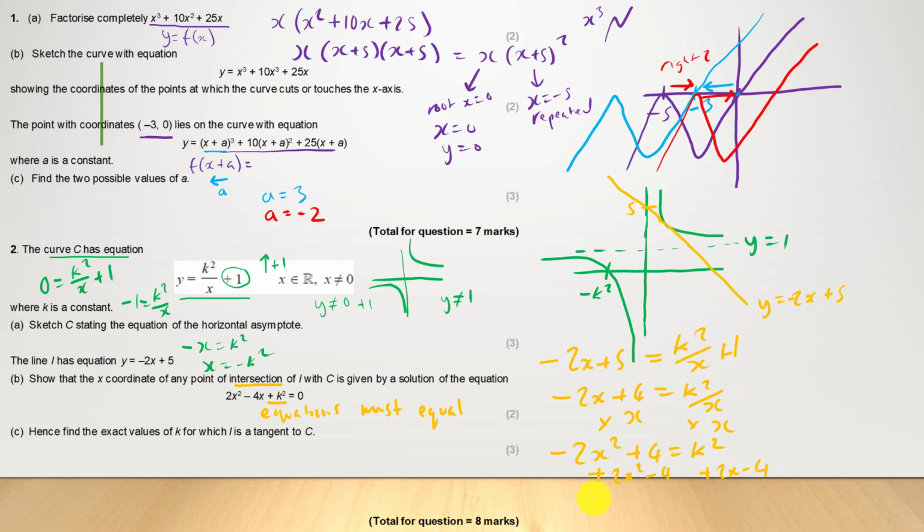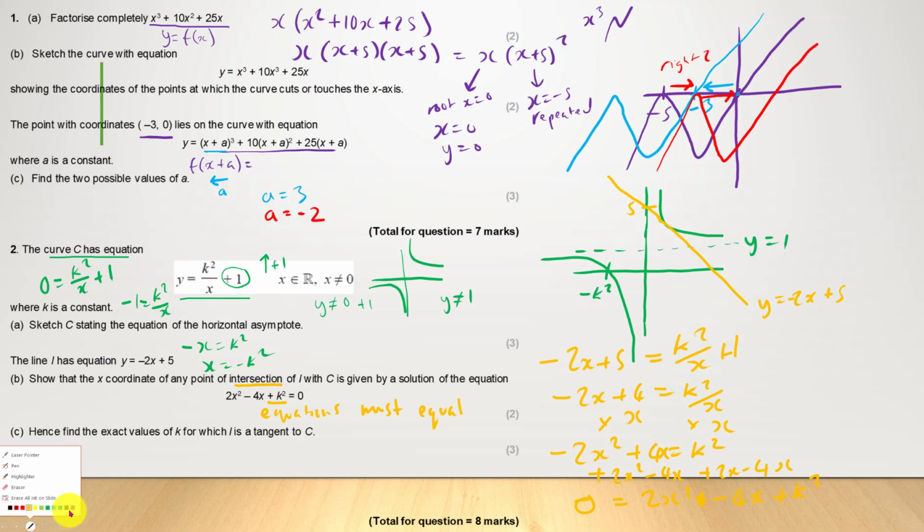And you should be able to see we get 0 equals 2x squared minus 4x plus k squared, and we're done.